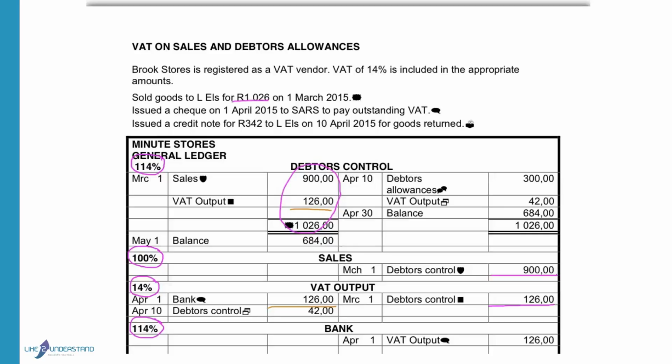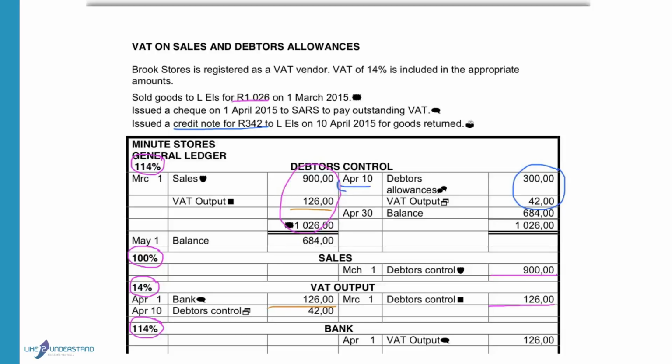If we look at the third entry, there was a credit note issued because they returned goods. So I have to reduce the debtors control account now with a total 342 Rand. And just as we did in the sales, when we sold the goods, we increased the debtor with the sales and the VAT.